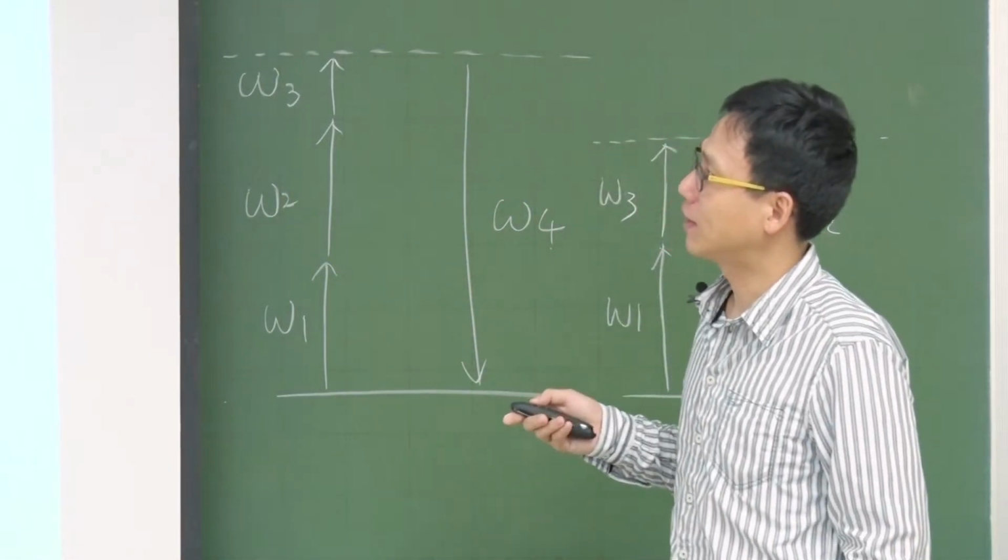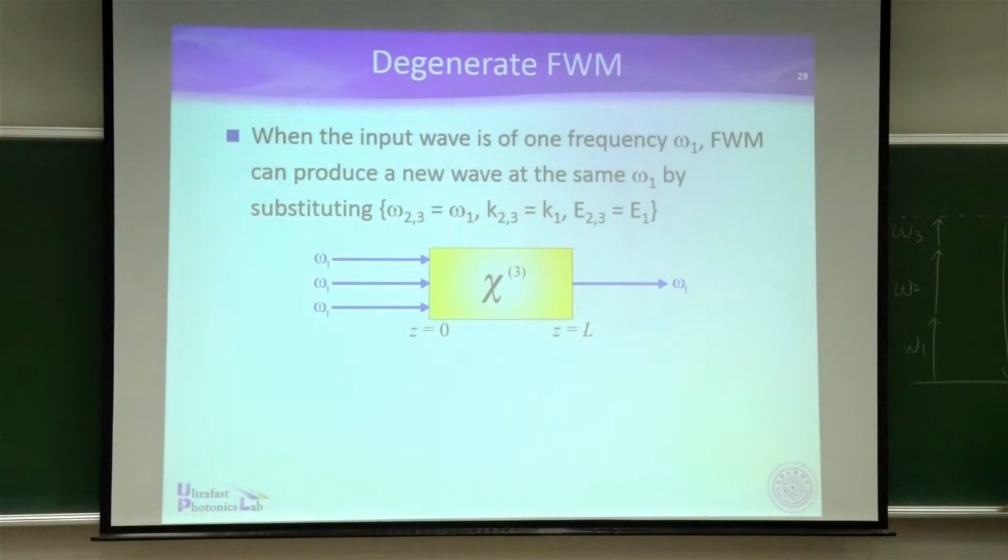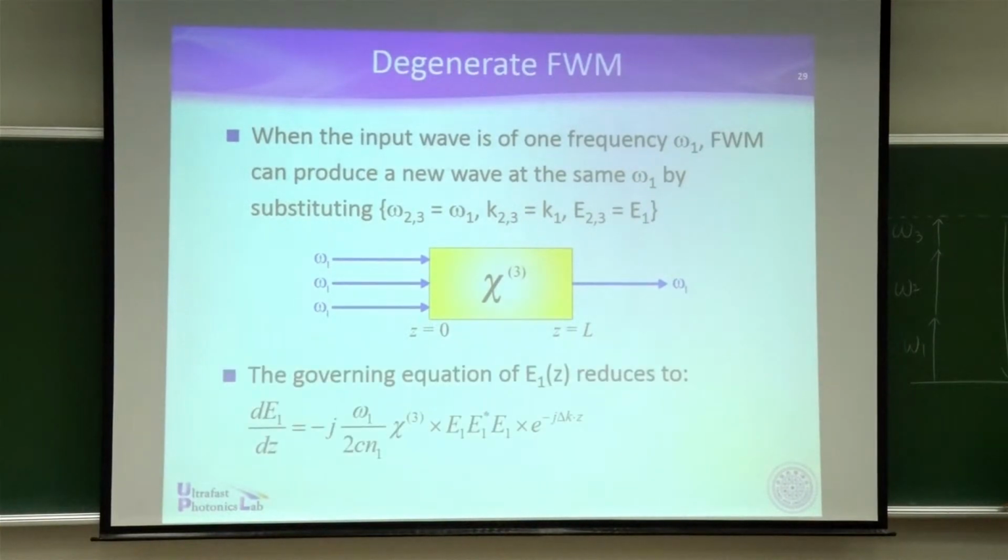In this special case, we can rewrite the governing ordinary differential equation in the previous page by the replacements, shown here. Then this is what we have. And if you pay attention to omega over c, you should be able to identify that this is equal to the wave number in vacuum, right?